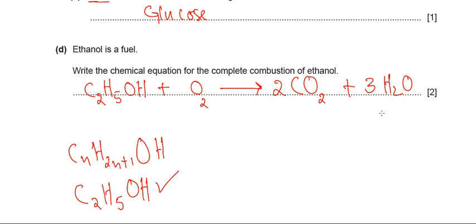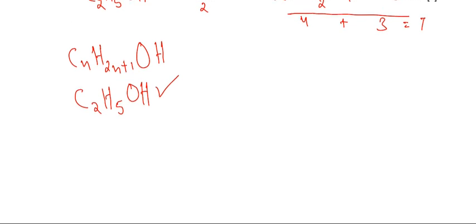Now hydrogen is balanced. So 2 2s are 4 and 3, we have a total of 7 oxygen atoms on the right side. To balance oxygen, I'm going to place 3 over here, because 3 2s are 6 and 1 from the ethanol, so total oxygen atoms becomes 7 and balanced. Okay, so it's balanced now.